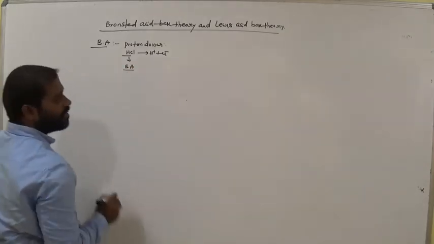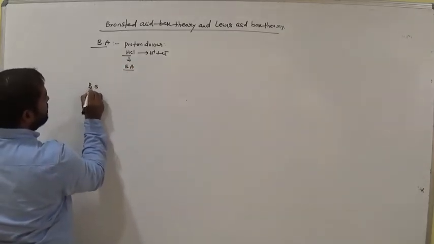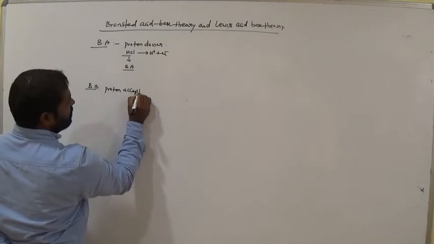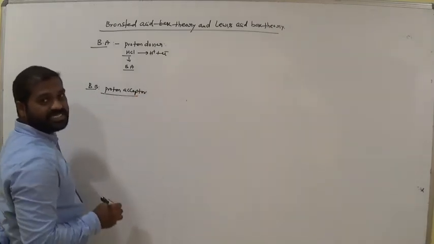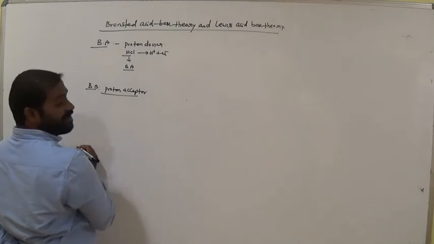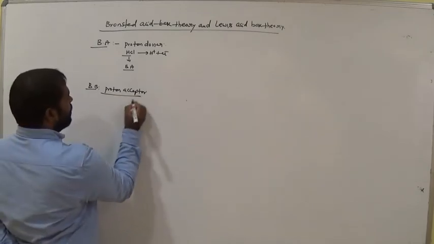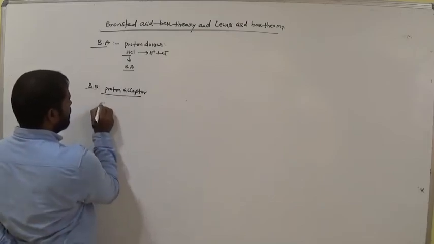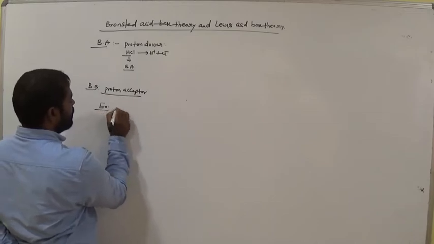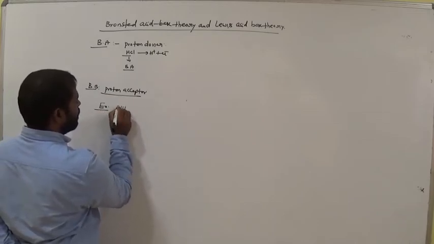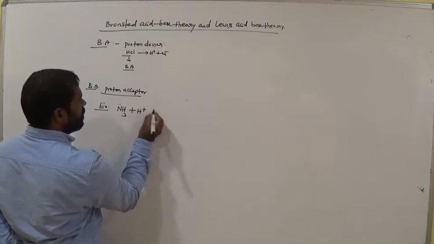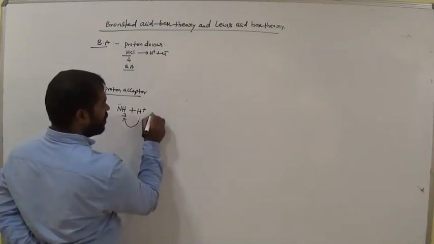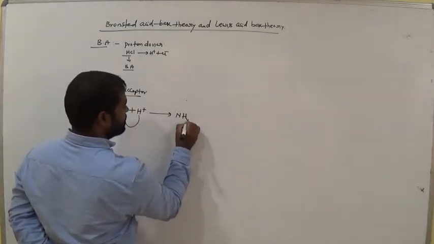What about a Bronsted base? Proton acceptor. Is it clear? A Bronsted base is a proton acceptor. For example, when NH3 gains H plus, it gives NH4 plus.